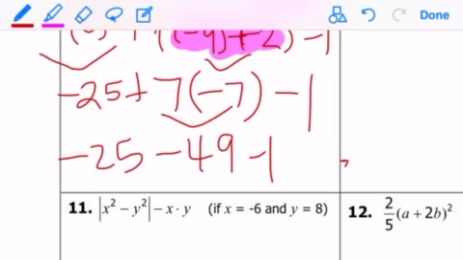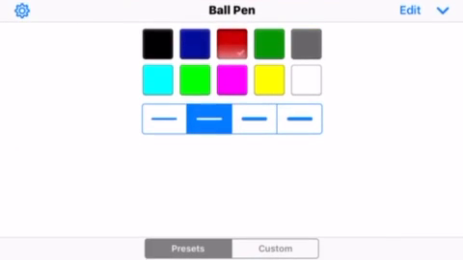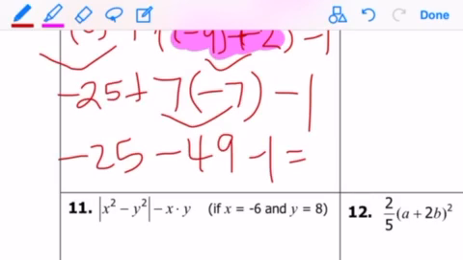So now we're at -25 minus 49 minus 1. And you want to subtract from left to right. Okay. So that is going to give me, and you can use your calculator if you need to, 75. So -75.